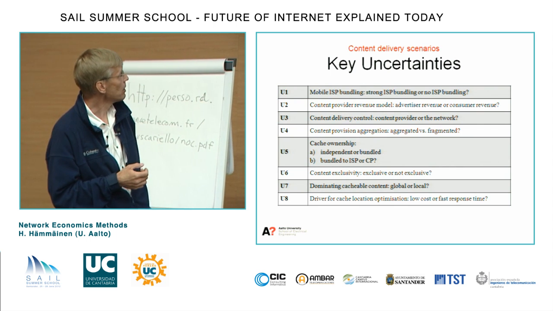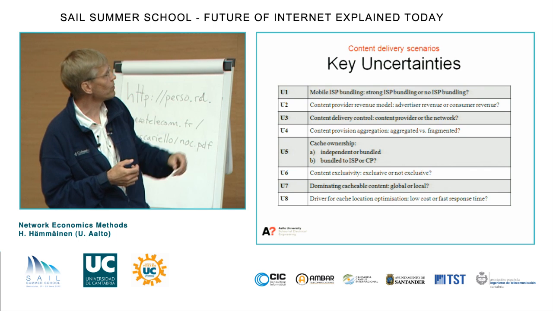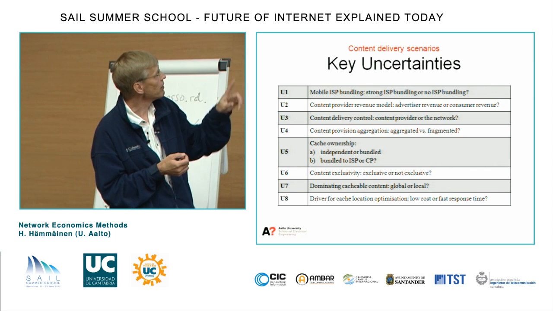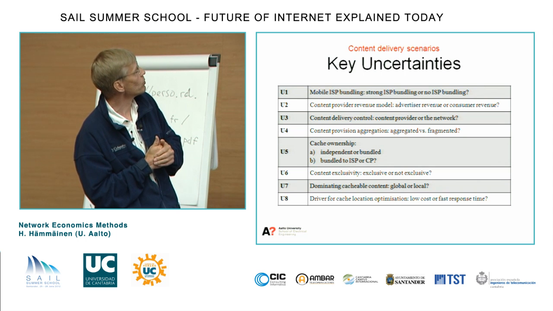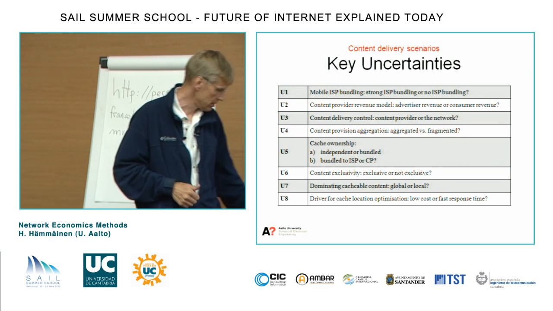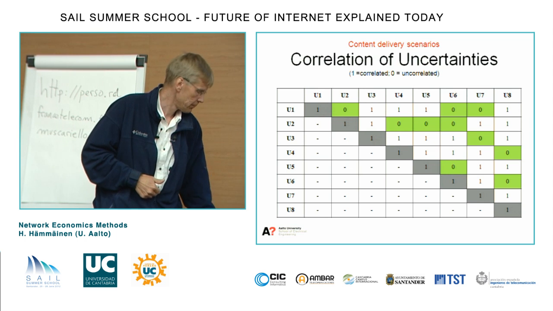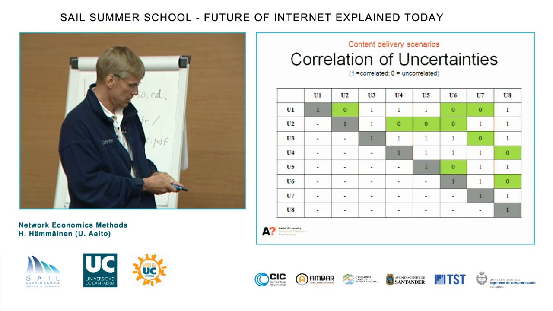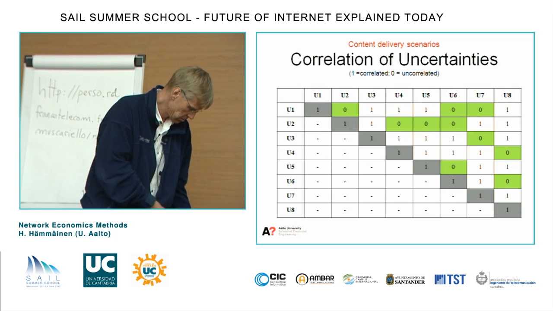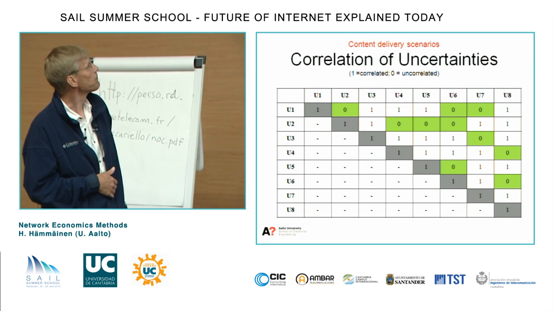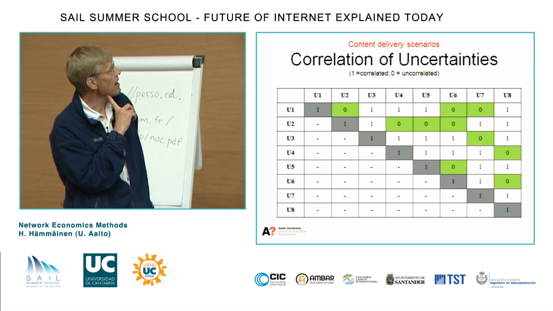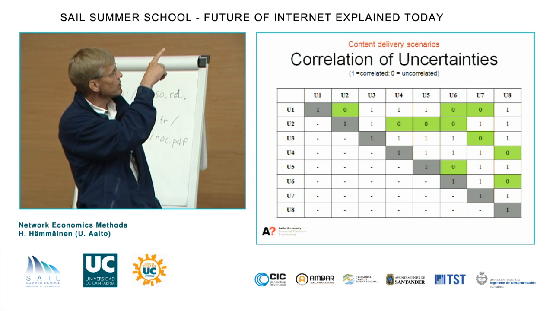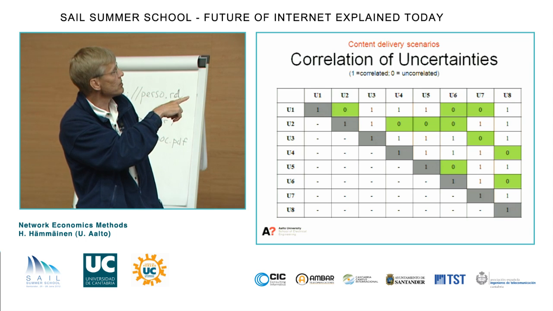Okay, there are others, but through debates in this exercise, we ended up picking U1 and U2, the first two on this list, as the key uncertainties. And in this debate, one thing that helps is this matrix, a correlation matrix. So you can see the same uncertainties, number 1 to 8.